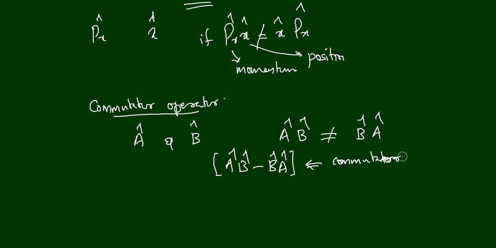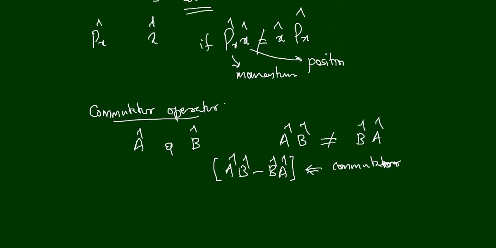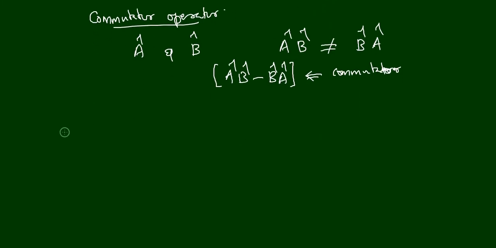So we can check two operators, for example the momentum operator and the position operator, because we already know from the uncertainty principle that they are non-commuting. The momentum operator px cap is the linear momentum operator in the x direction, equal to h divided by 2 pi i d by dx.